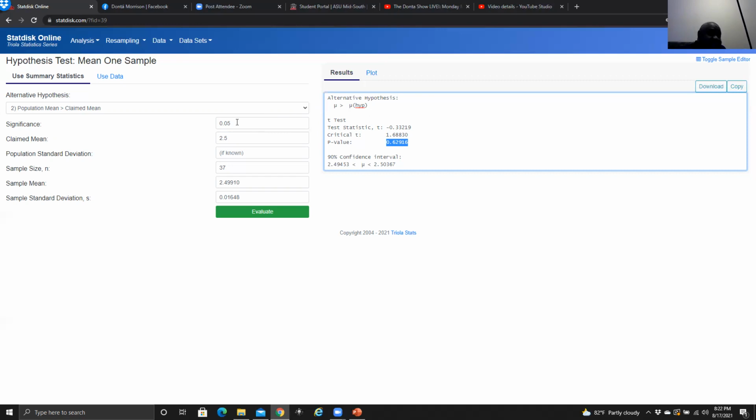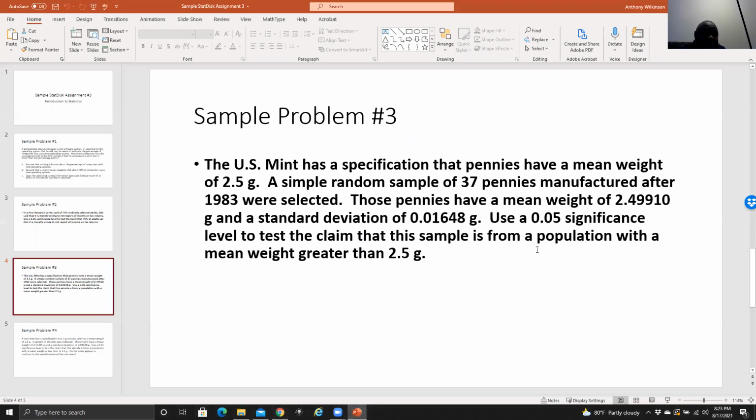So you want to fail to reject the null hypothesis. And if we fail to reject the null hypothesis, that means that there is not sufficient evidence to support the claim. So we can't support the claim that the sample that we're dealing with is from a population with a mean greater than 2.5 grams. Okay.